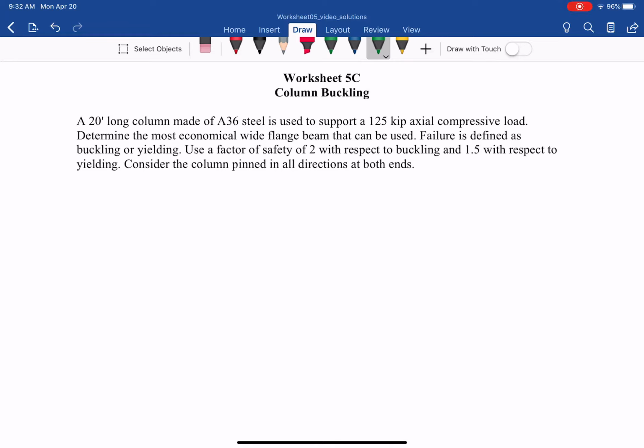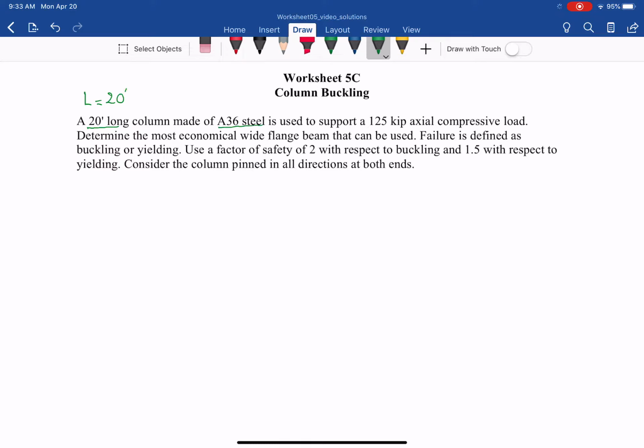Worksheet 5C, column buckling. A 20-foot long column made of A36 steel. So from that we have L, the length of this column, is 20 feet.